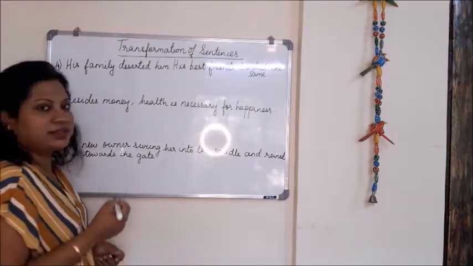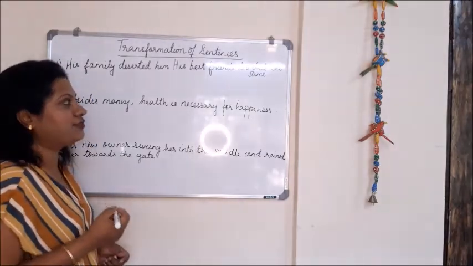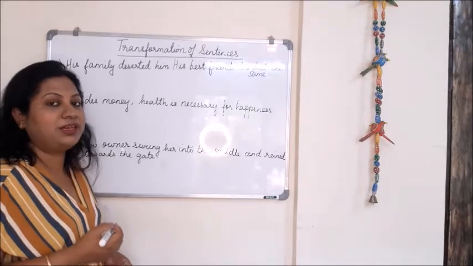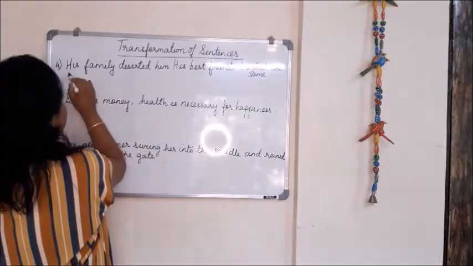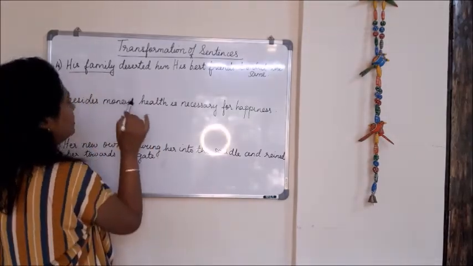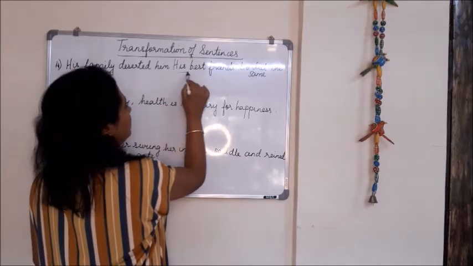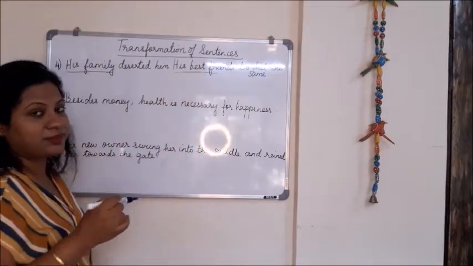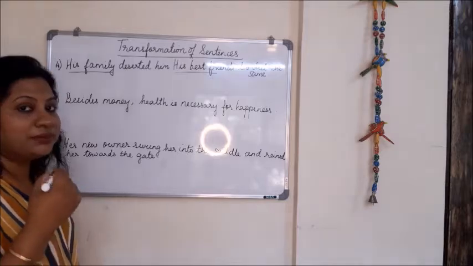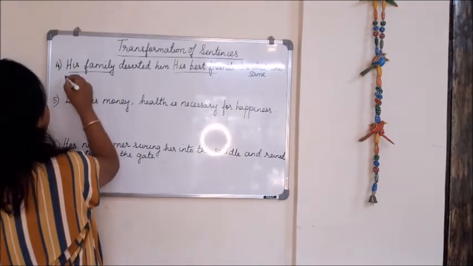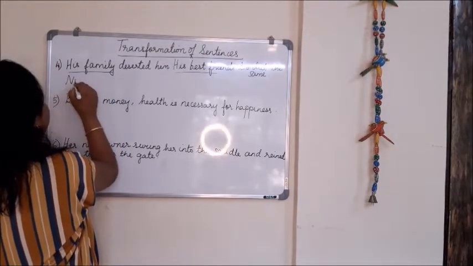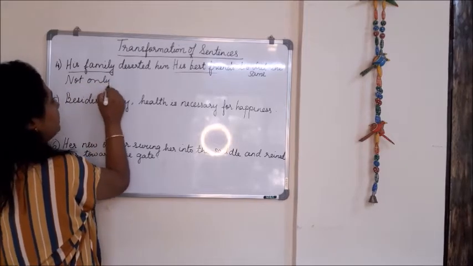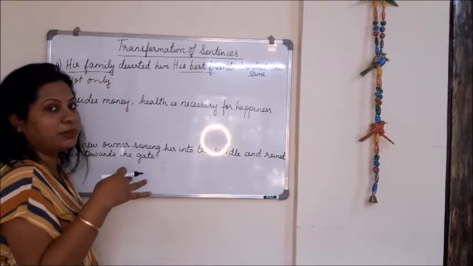His family deserted him. His best friends too did the same. In the fourth sentence, we can see the subject in the first sentence is his family, and in the second sentence it is his best friends. Therefore, we will combine this in this particular way. As I already said, when subjects are different, the not only will come in the beginning.